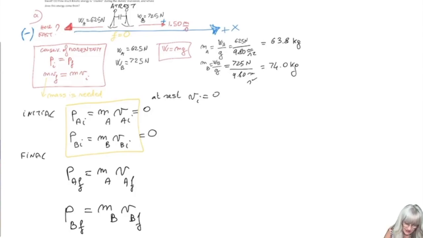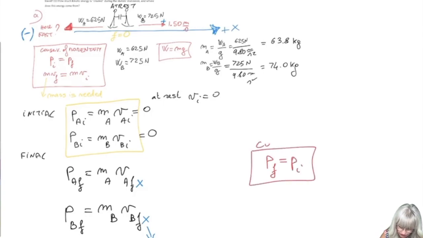I want to be elegant because I'm going to say that this is on the x-axis, so I'm going to put a very tiny small x next to A final x, so you know that this means on the x-axis. Quick recall: why do I do that? Because I'm going to apply my condition now, that the momentum final equals initial, which is the conservation of momentum.